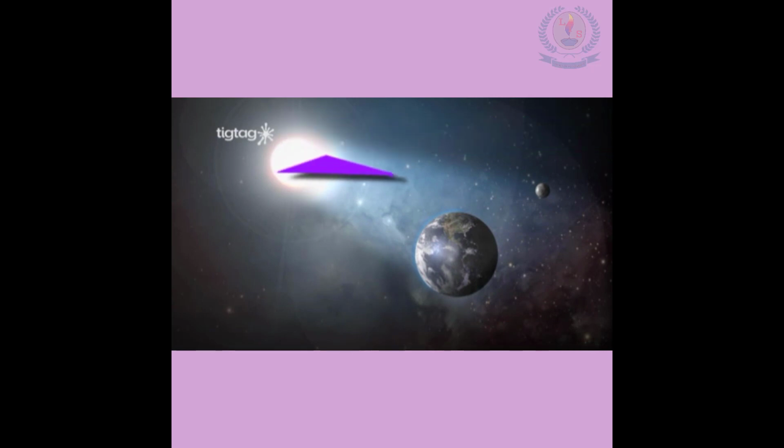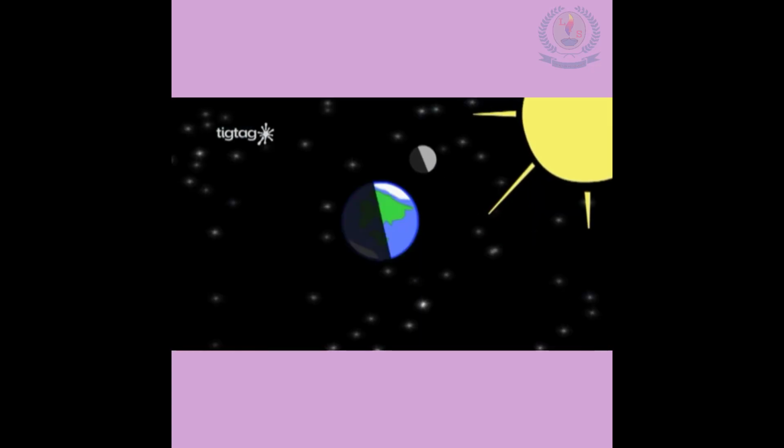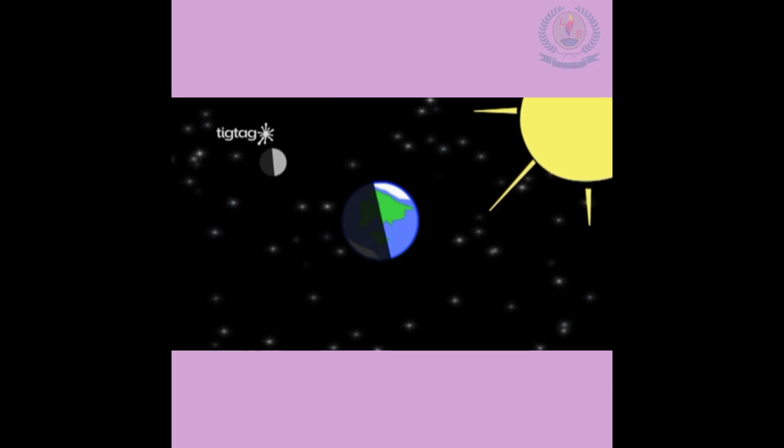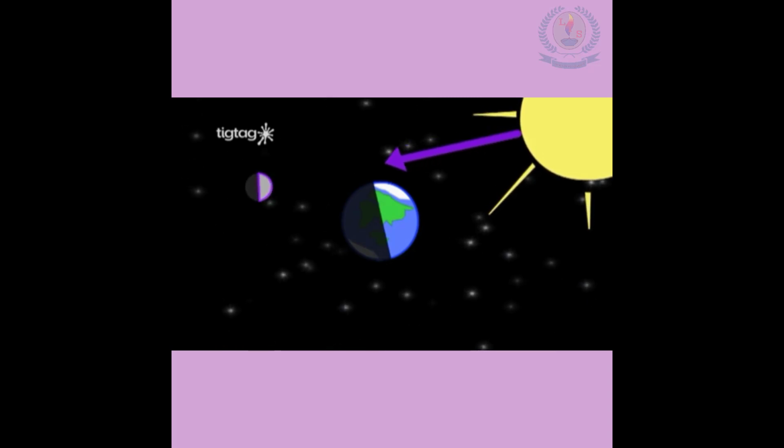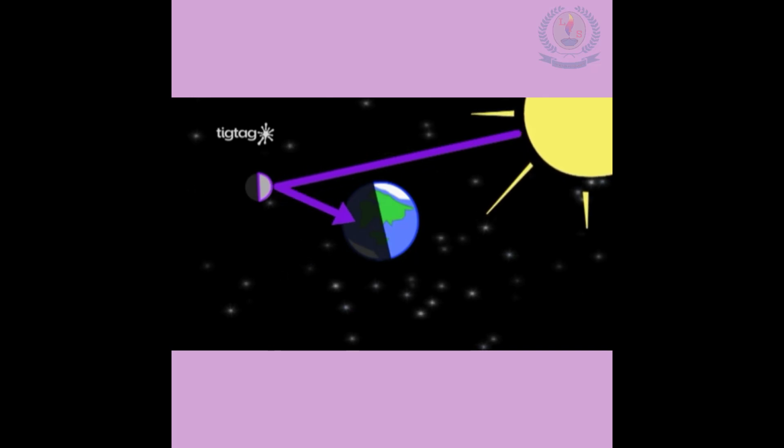As the moon orbits the Earth, light from the sun is reflected by the moon's surface. This allows us to see the moon. When the Earth is directly between the sun and the moon, we see a full moon. This is because the side of the moon reflecting sunlight is facing us.